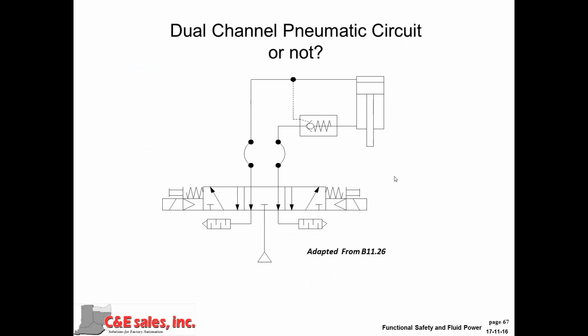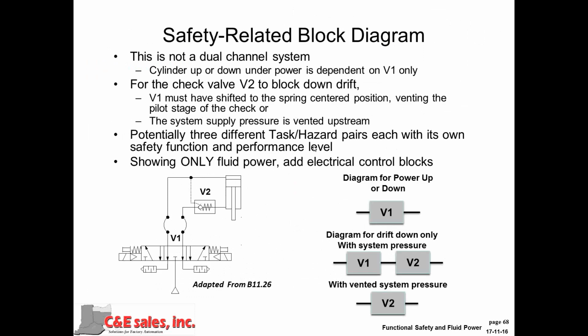Question here: is this a dual channel circuit? I would take a quick look at it and say, well, yeah, maybe it has 2 valves, right? Valve here, valve here. But if we draw the functional diagram and understand how this thing works, we find that the direction or the power control is under the control only of this directional valve, because V2 has no function. If the pilot valve is not released, which is a function of the failure of V1, V2 does no work.